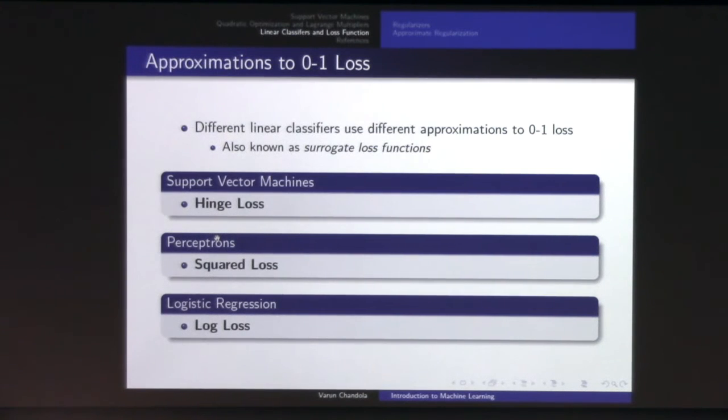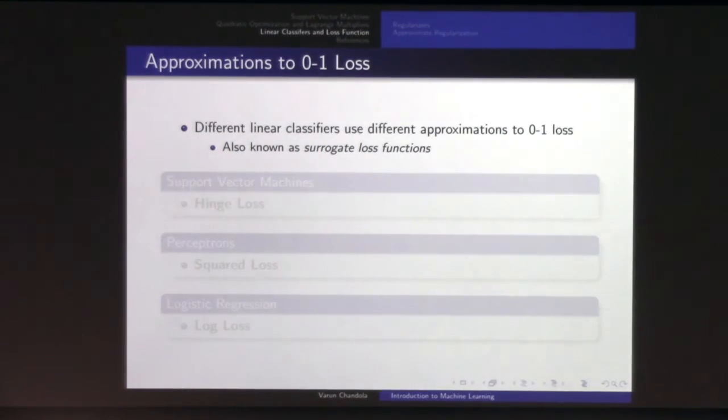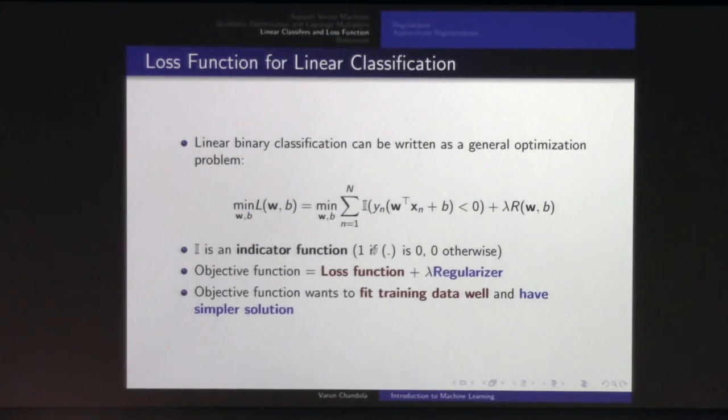All right. So tomorrow, if you go out and say, I'm going to write my own classifier, a linear model, what you can do is come up with a different loss function, which of course is not this, because this will be hard to optimize, but some loss function that you think would work okay.